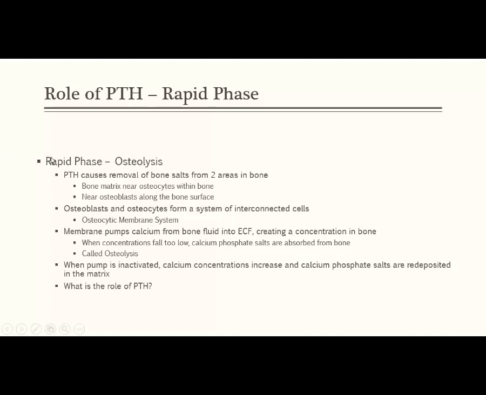So during the rapid phase, PTH causes bone salts to be removed from bone matrix near the osteocytes within the bone and near the osteoblasts along the surface of the bone. The osteoblasts and osteocytes have a system of interconnected cells with membrane pumps that pump calcium out of the bone fluid into the ECF, creating a concentration gradient.